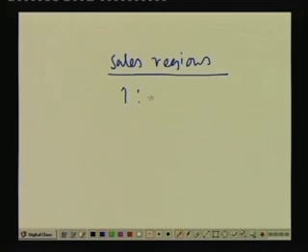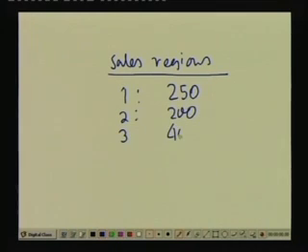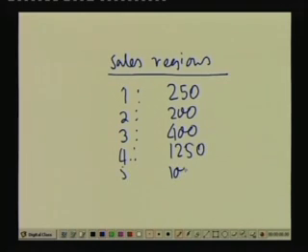Let us see some values. Let us say there are 4 or a few sales regions: 1, 250; 2, 200; 3, 400; and 4, 1250; 500.